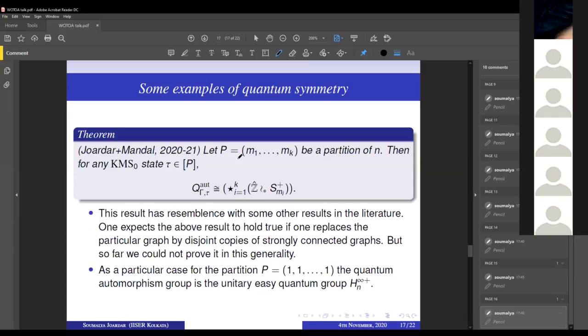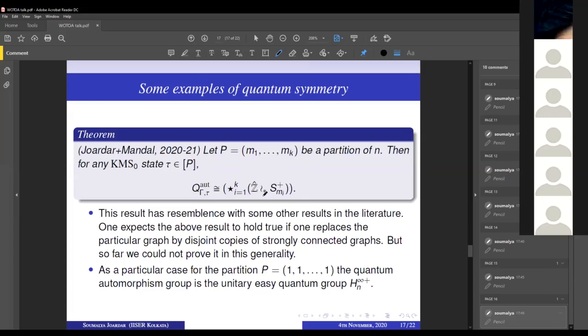this is the result, that if you have a partition of n, or equivalently a coloring of n, that will give rise to a class of KMS states, let's say the class of KMS states by tau. You take a class corresponding to that partition, take any KMS state from that class, and the quantum automorphism group corresponding to that state, or let's say the universal object in that category corresponding to that state tau, turns out to be this object.